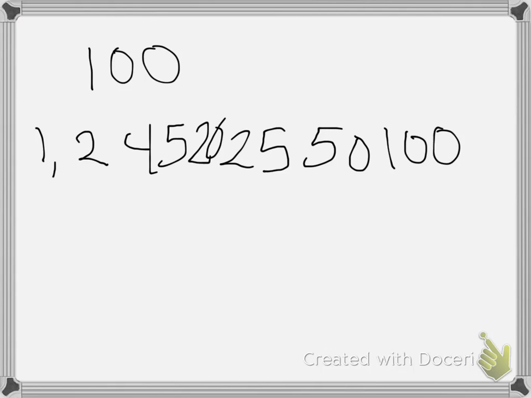And I think that's it for factors of 100. So is 100 greater than 25? Absolutely. But I shouldn't see 100 on your paper. I want to see something other than 100 on your homework paper so I can see that you understand how to find factors.